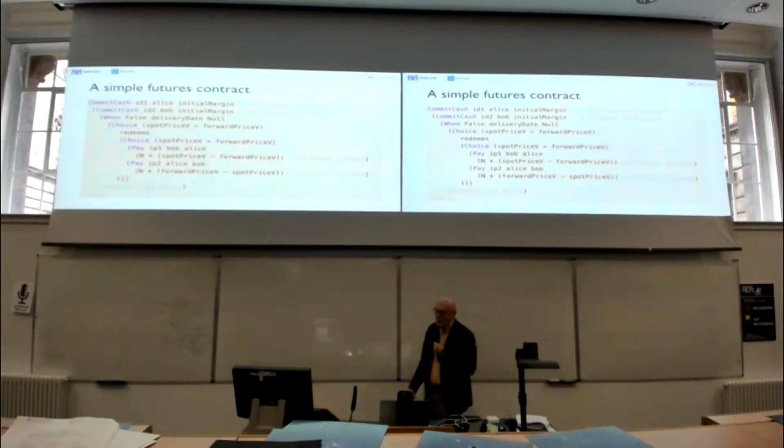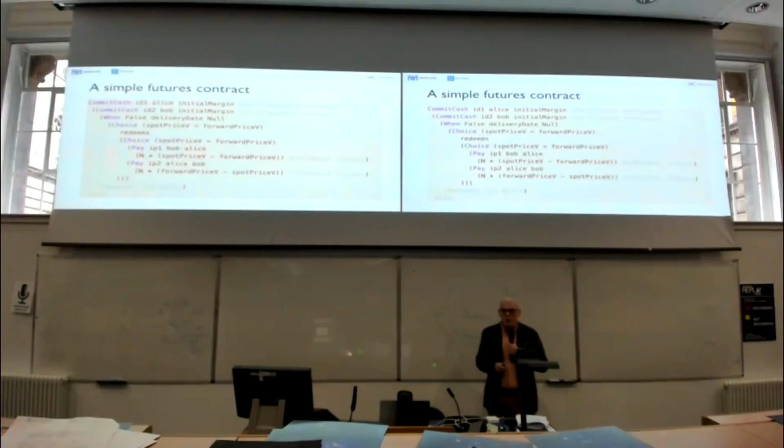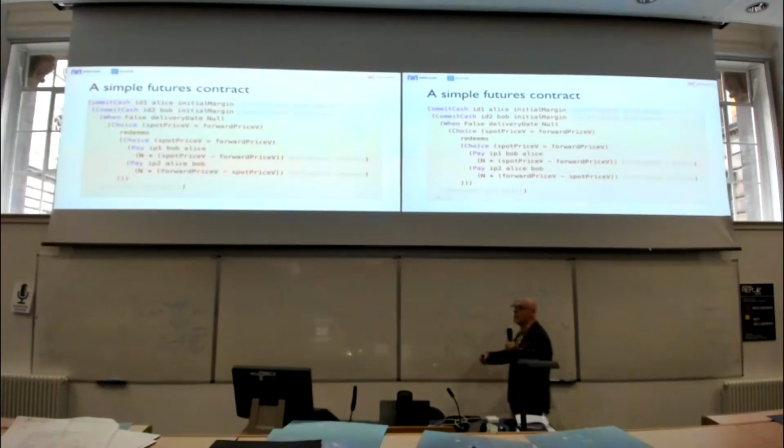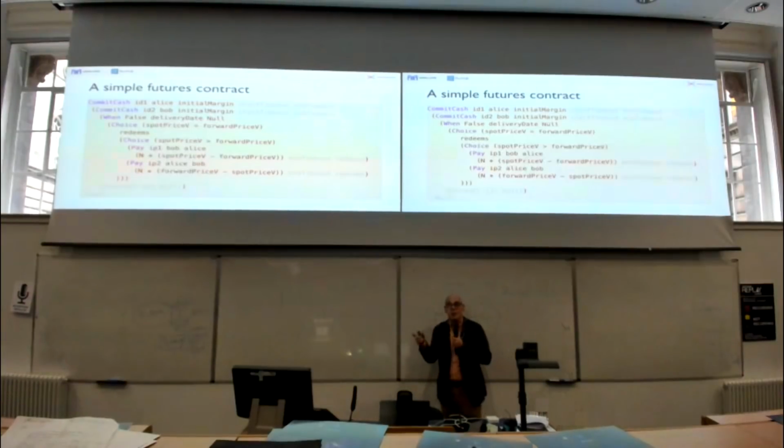This is a futures contract you can think of. Alice and Bob commit a certain amount of money, and then at effectively the delivery date, depending on how it relates to the forward price, certain payments are made.